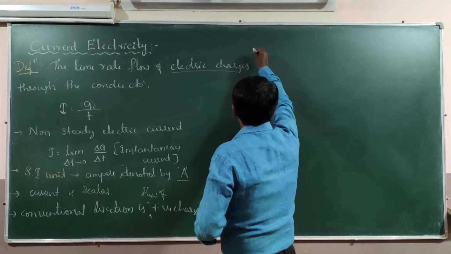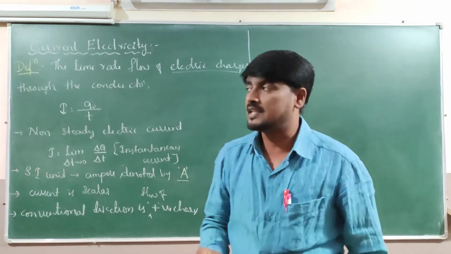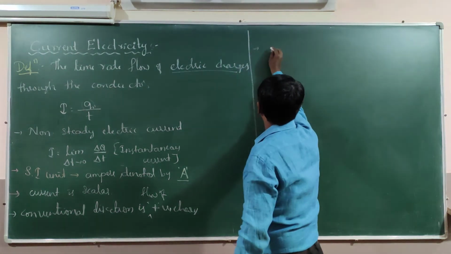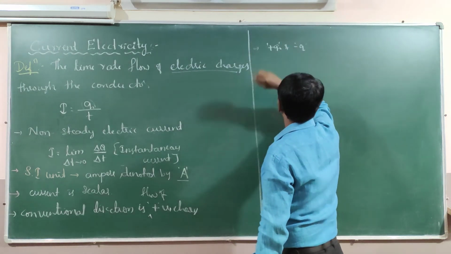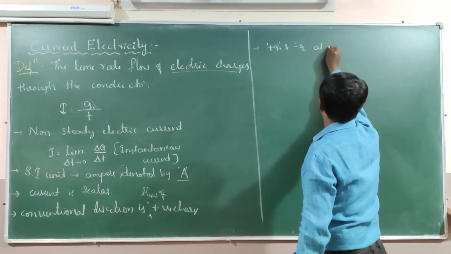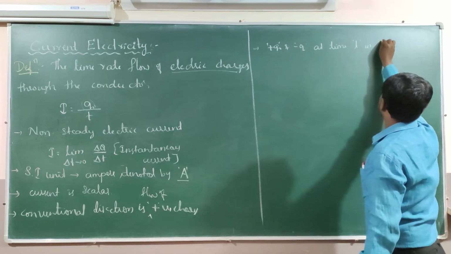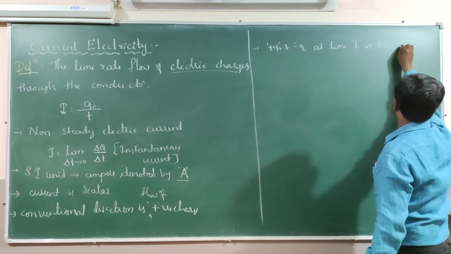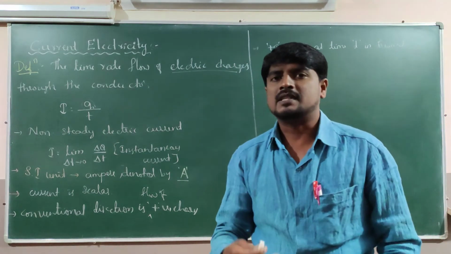Then, friends, a few more important topics. So let's take some important things here. Suppose I take plus q and minus q, or two charges flowing in time t in the forward direction. I will explain what is meant by forward direction and backward direction afterwards, step by step.